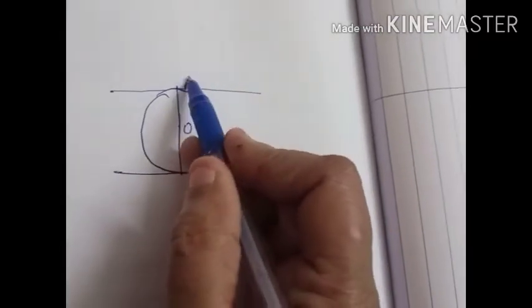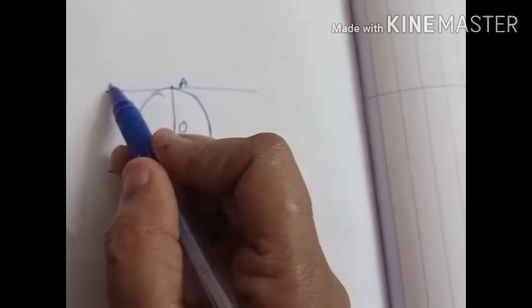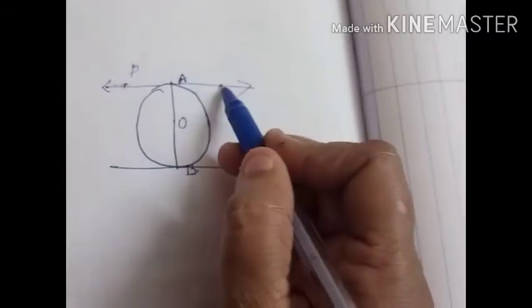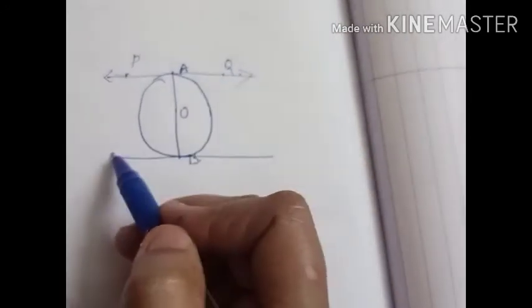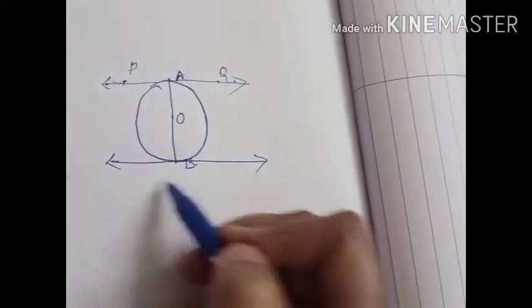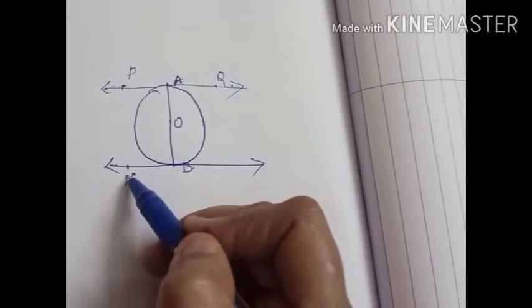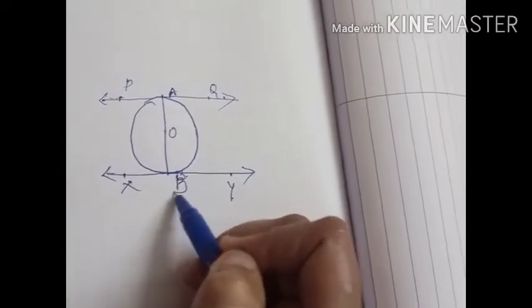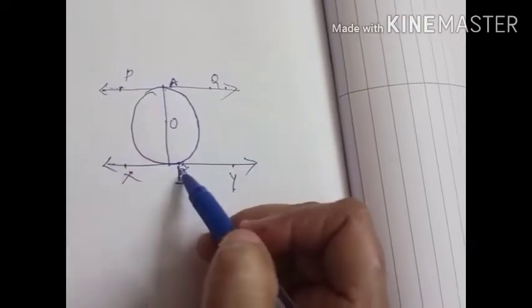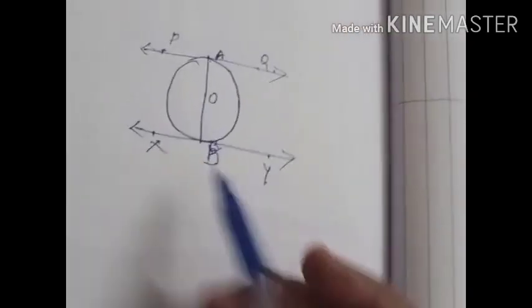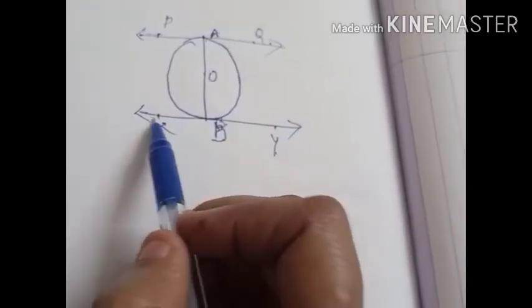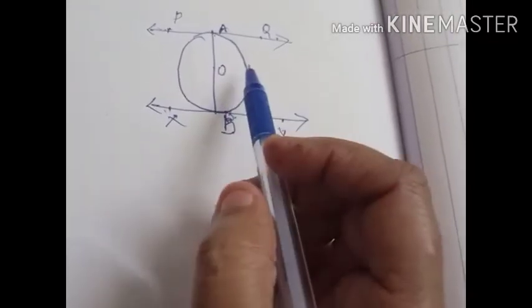So A is the point of contact of this tangent PQ and the point of contact of the tangent XY is B. Okay, other end of the diameter AB. Now we have to show that this PQ parallel XY.